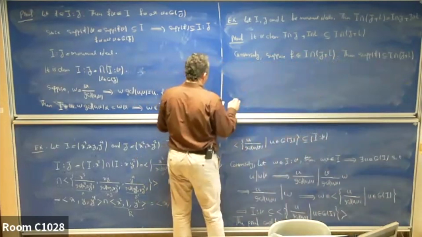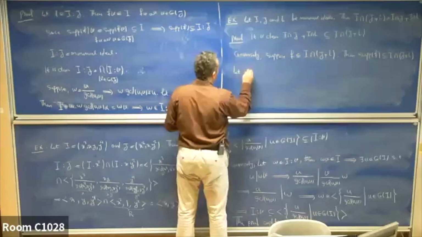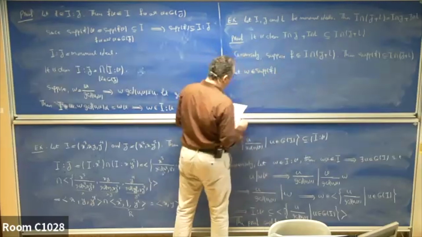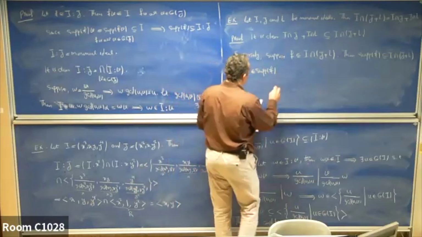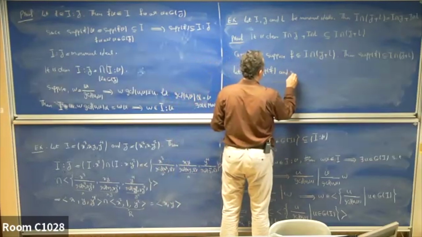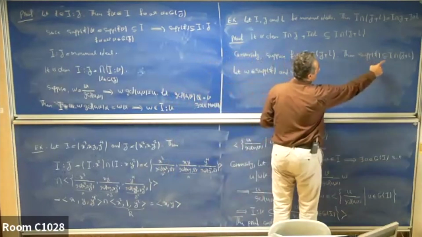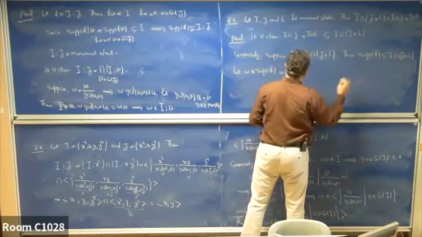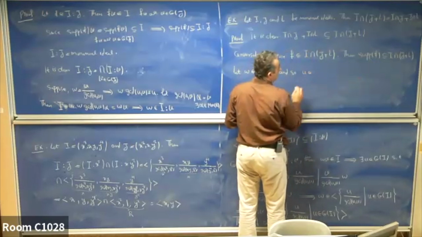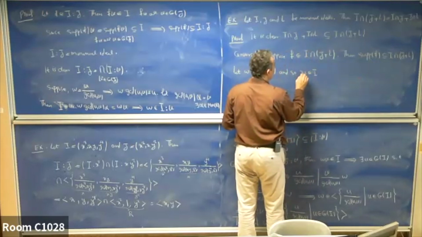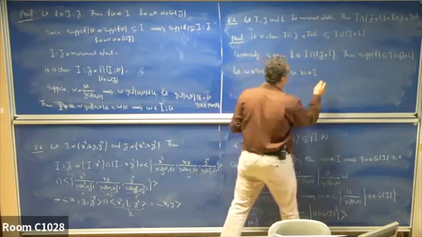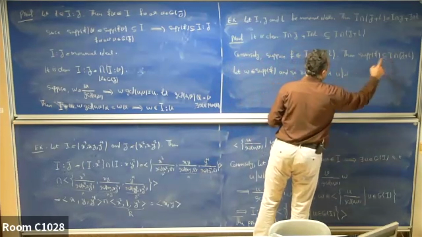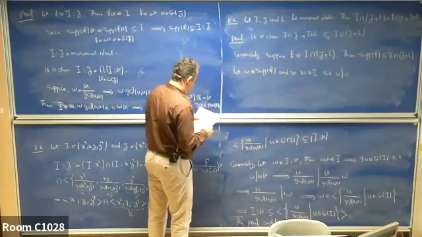So let omega belong to the support of f. The support is the set. Omega is in here, and so omega belongs to I. There exists u belonging to I such that u divides omega, because I is generated by monomials.